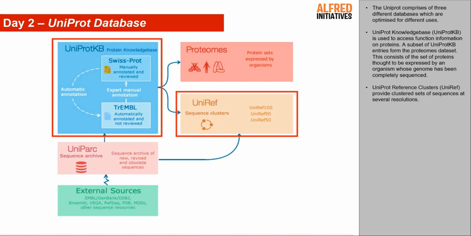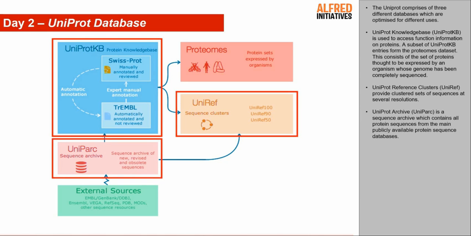Meanwhile, the UniProt Reference Cluster, also known as UniRef, provides cluster sets of sequences at several resolutions. The UniProt Archive, also known as UniParc, is a sequence archive which contains all protein sequences from the main publicly available protein sequence databases.